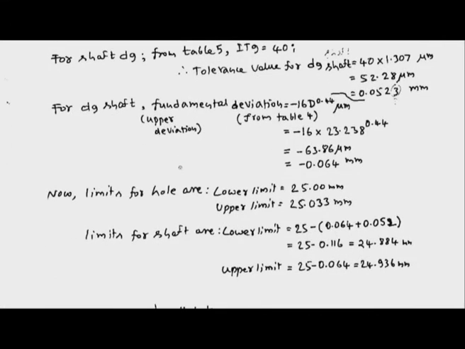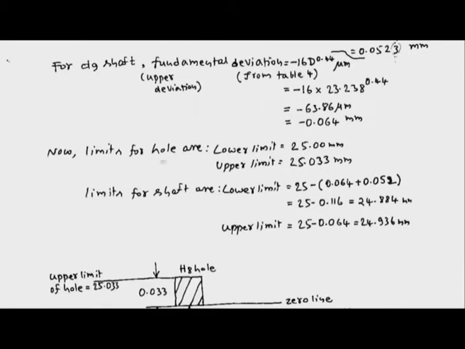Now we can find the limits for hole and shaft. The lower limit for hole is 25 millimeter because it is coinciding with the basic size, and for the upper limit, to the lower limit we have to add the tolerance value, then we get the upper limit, that is 25.033 millimeter.